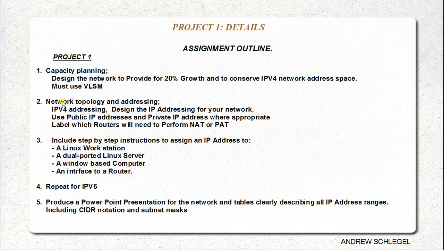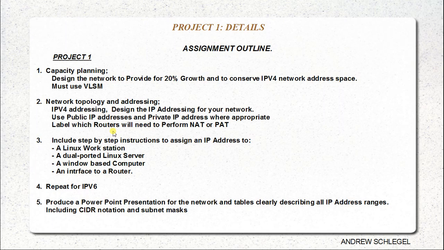All right. Network topology and addressing. Design the IP addressing for your network, and then you want to use public IP addresses and private IP addresses where appropriate. Then you want to label which routers will need to perform NAT and PAT.